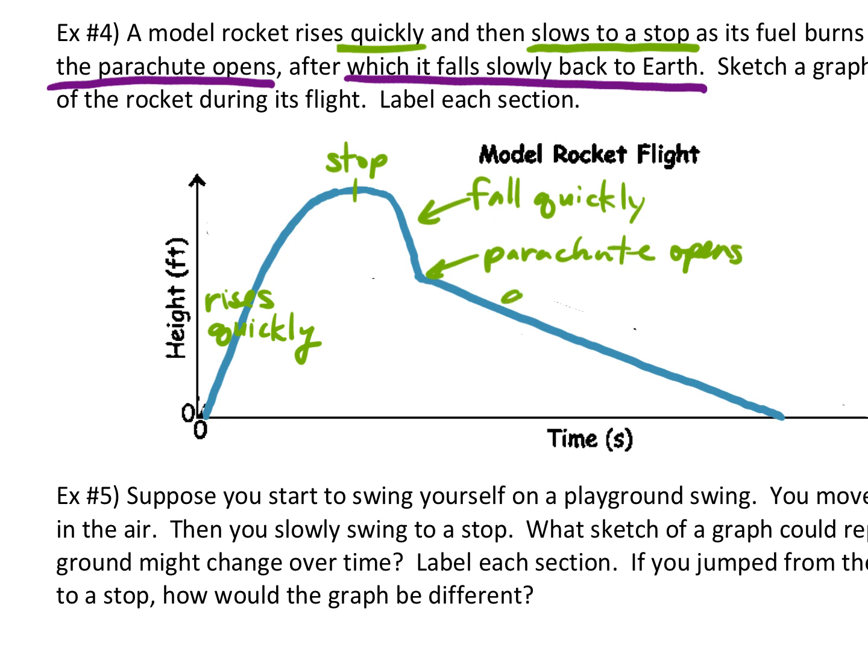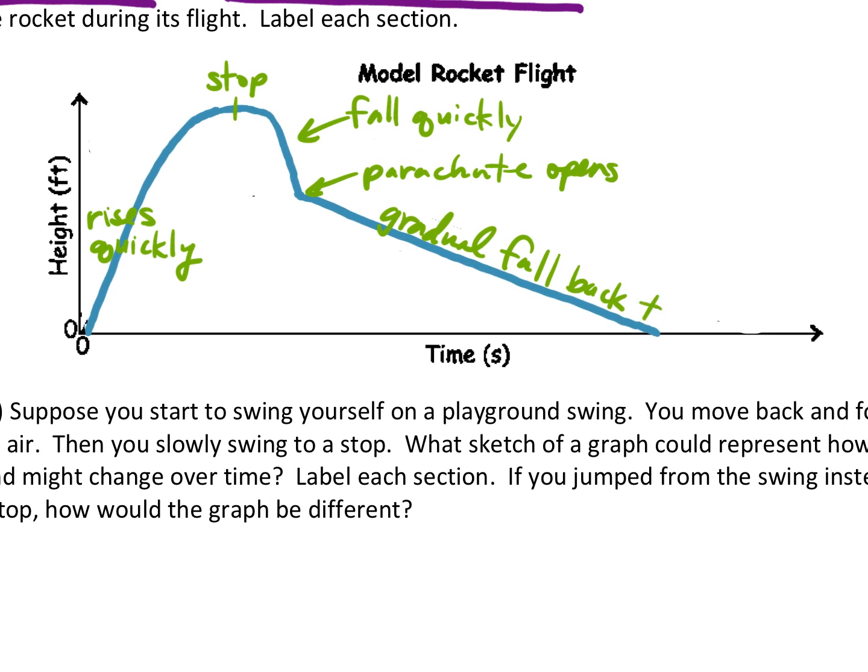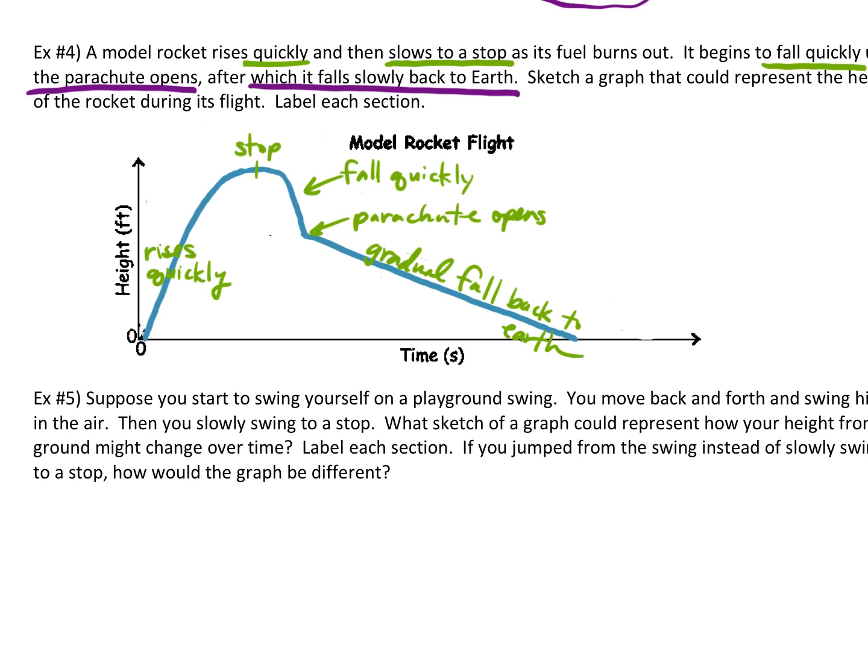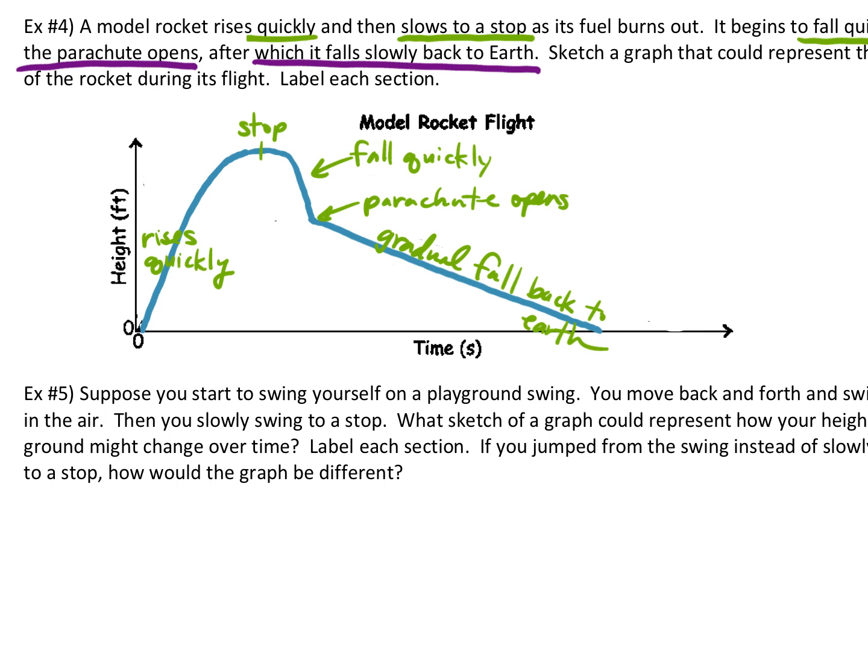And then this is the gradual fall back to earth. Okay, like I said, not the only way you could have done it, but this is how I did mine. Okay? Questions on that?